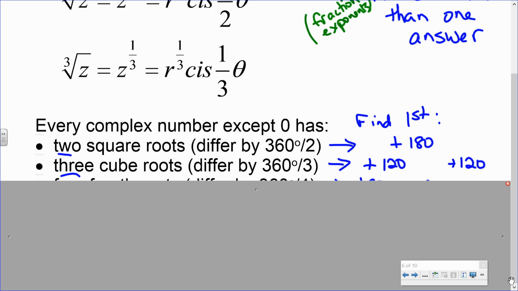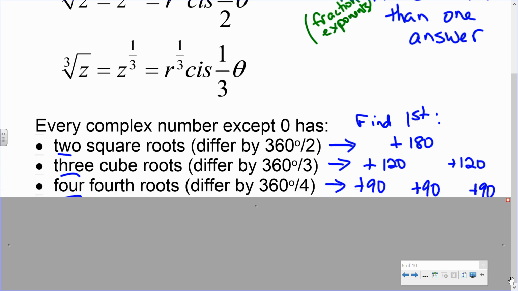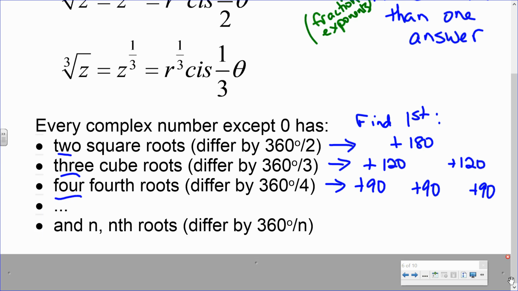So we're going to take the first one, add 120, add 120 again to get those equally spaced around the circle. If we want fourth roots, we have to take 360 divided by 4. So we get the first one, add 90, add 90, add 90, until we have gotten all 4 of them. If there are n roots, we're going to take 360 divided by n.